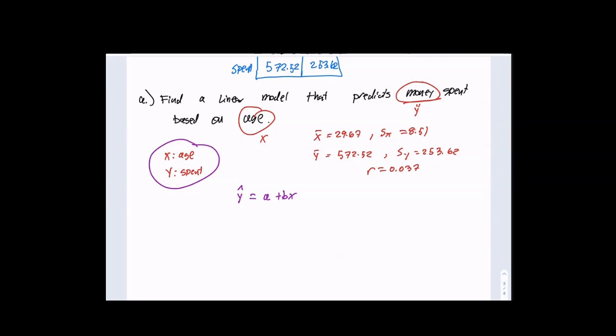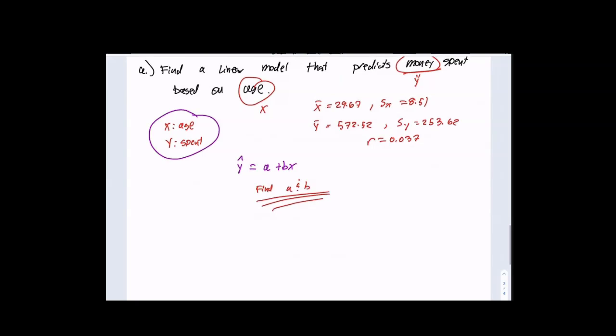X and y, age and spent, are not things you find. This is finding the model. There are two unknowns here, a and b. That's all you have to do, find a and b. So which one do we find first? A or B?